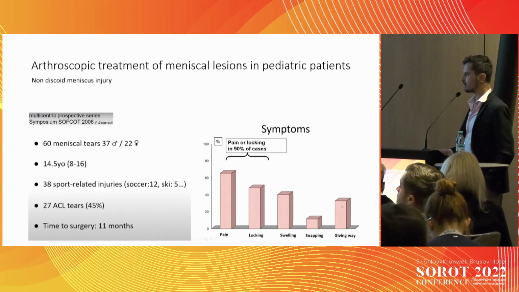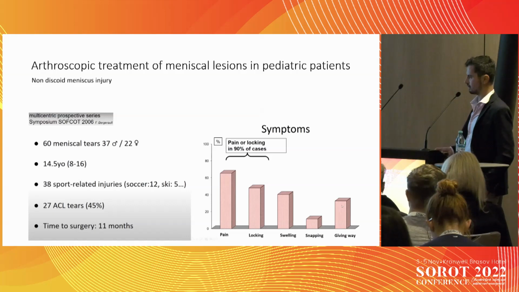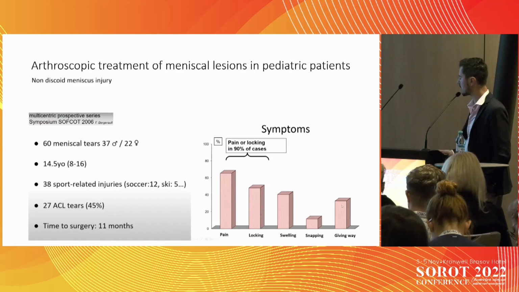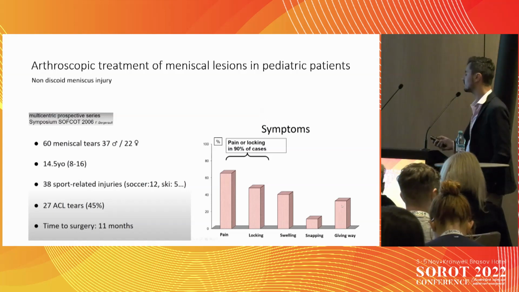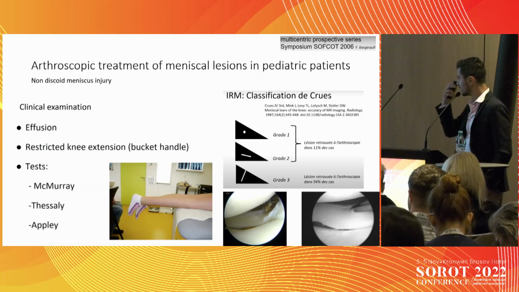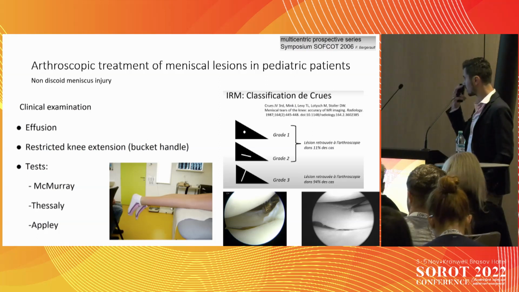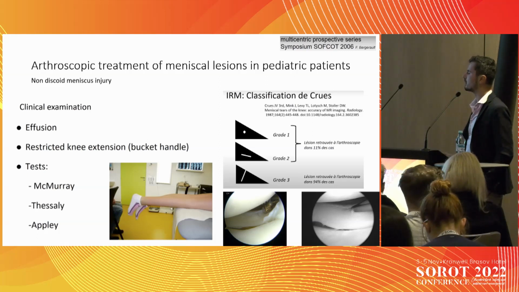It would be good to have less than 11 months, but it is the reality actually. The symptoms: the pain, locking, swelling, snapping, giving way. And for the clinical examination, you have the effusion, restricted knee extension, bucket handle. And for the tests, they are not very important.